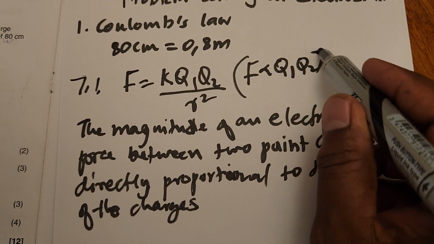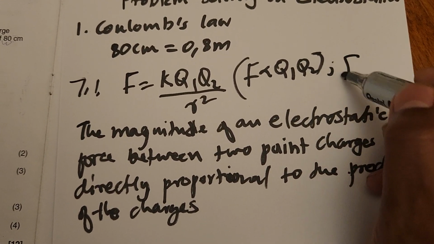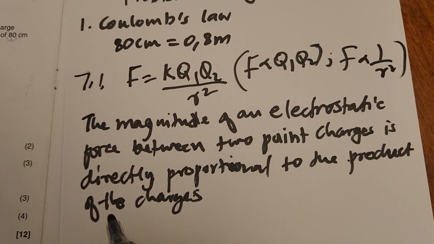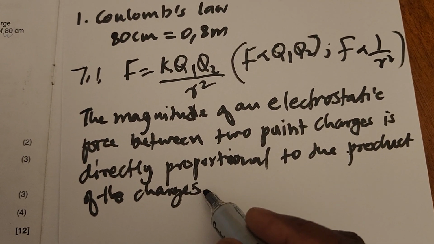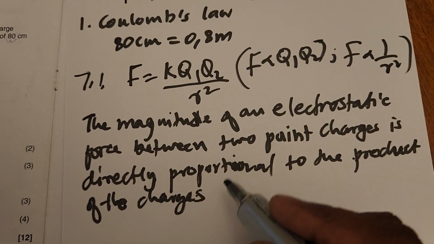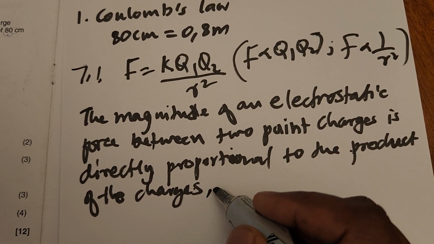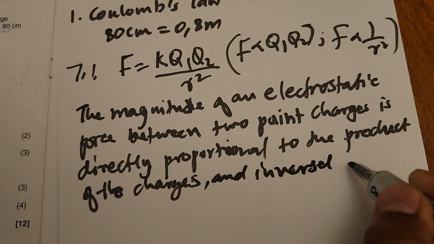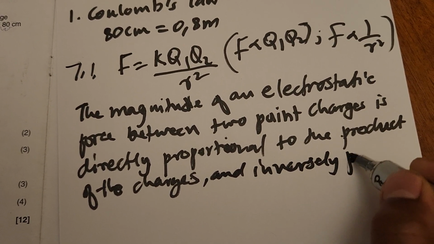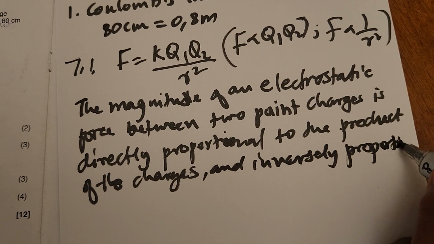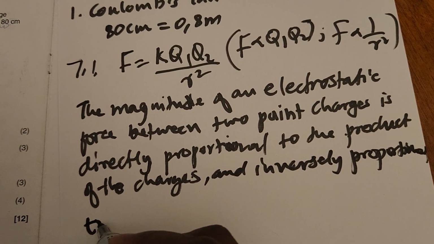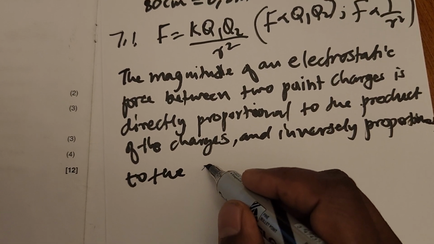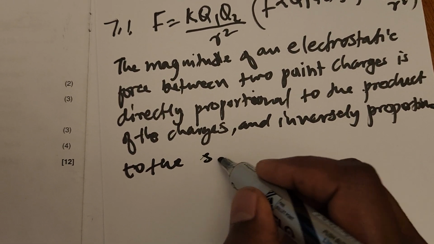That's the first part of the definition, and the second part says F is inversely proportional to the square of distance between them.